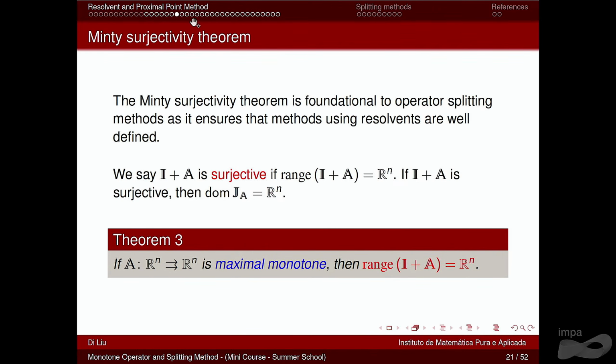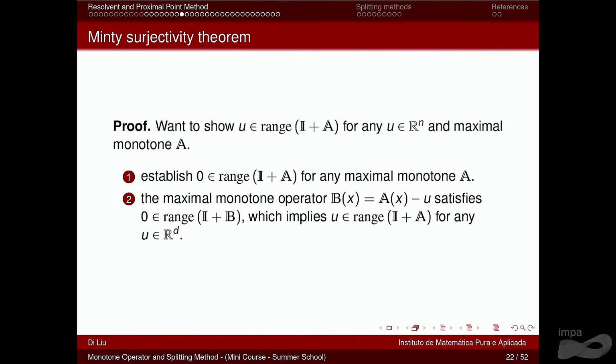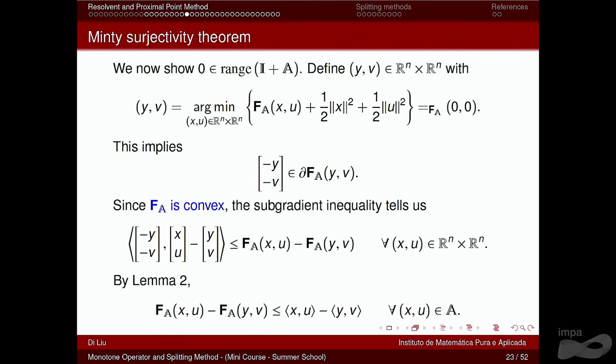We just take a very brief look at the proof. Here, we use the property of the function F_A, which is a representation function. Since this function is convex, we can use the subgradient inequality for this function.